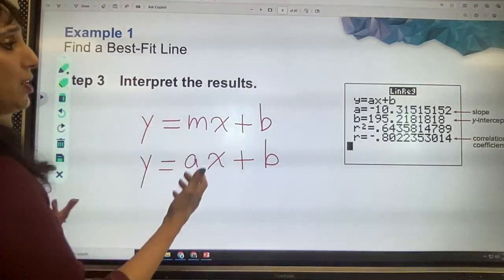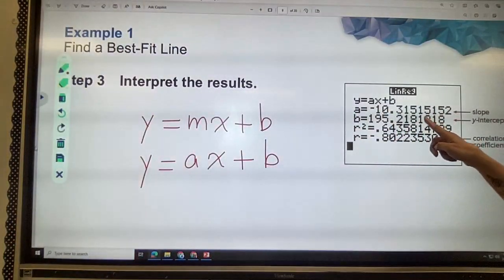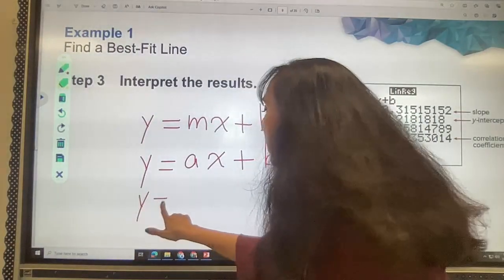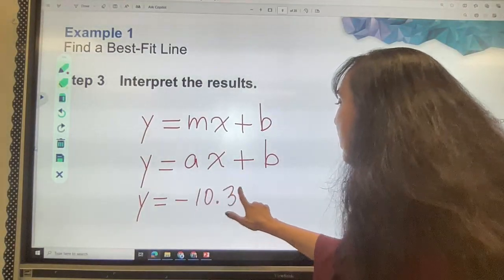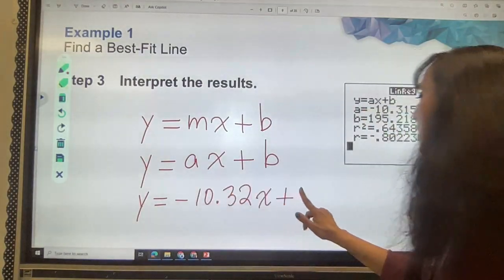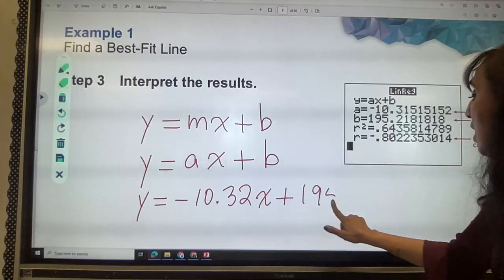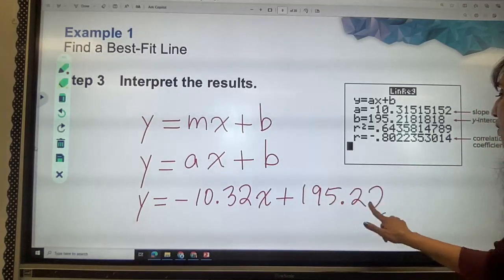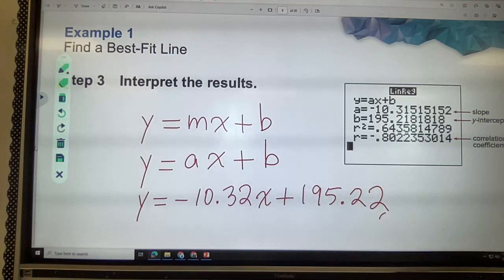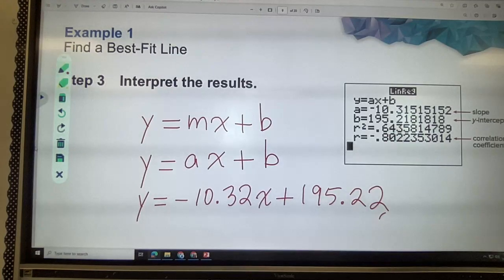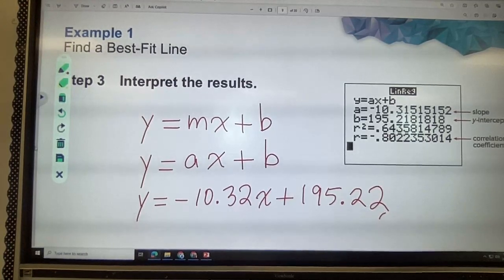So we are just going to go ahead and substitute the values that we have over here, and I have y equals -10.32x plus, what is b? My b is 195.22. Okay, so here is my equation set up like this.